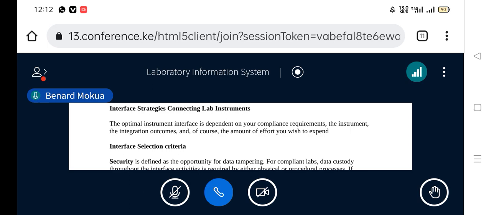So from today, what we have talked about: one is instrumentation. Number two, types of instruments. We have dumb, we have smart, we have bidirectional.